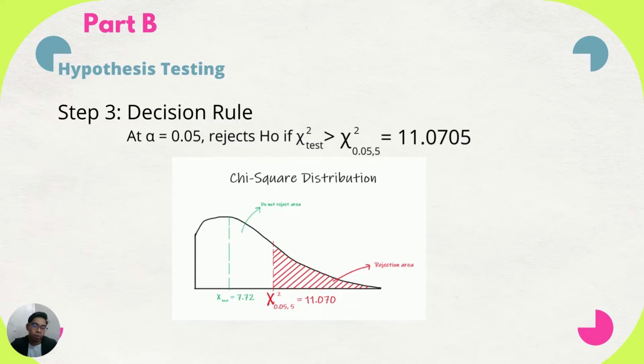We sketch a chi-square distribution graph, and from that we can see that chi-square alpha 0.05, 5 equals 11.0705, and we plot the chi-square test. We found that the chi-square test is not in the rejection area.